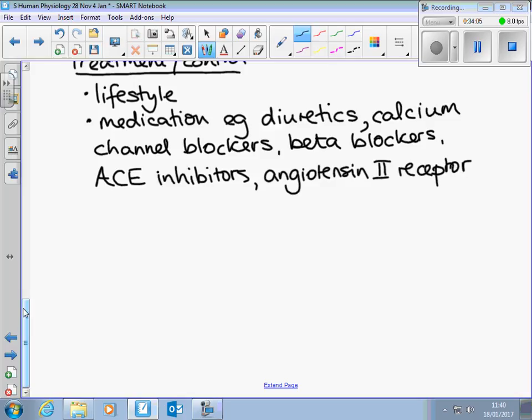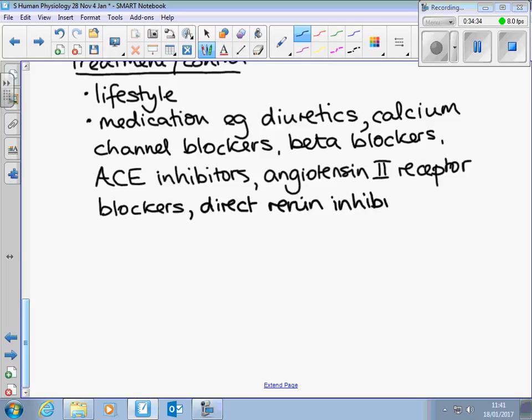So you can see how this is interfering with the system that raises blood pressure. Inhibitors and blockers come into this a lot. And of course, that's all about stereospecificity, the shape of the medication actually blocking the active part. And then there's a new type of drug, called direct renin inhibitors, so that's going right back to the start of that process.